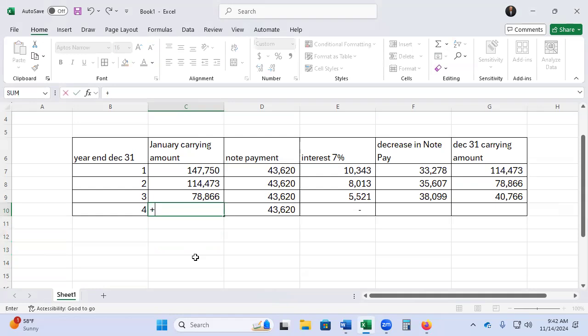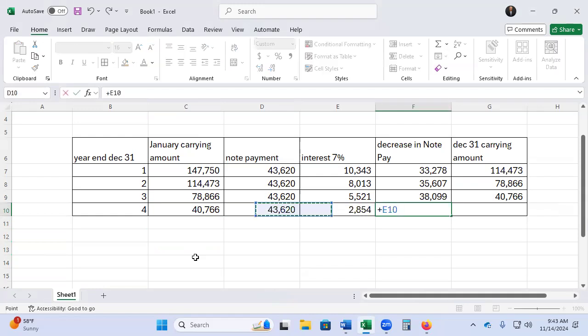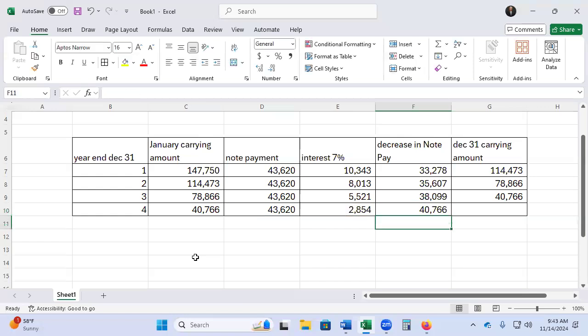Okay, so we carry our 4766 down. That tells us our interest is going to be 2854. And so here, the decrease in notes payable is going to be 4766 and 0.